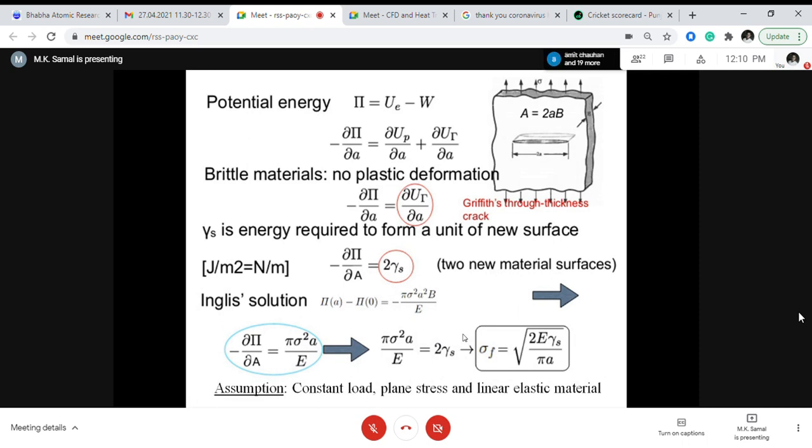Once plastic deformation occurs, you cannot apply LEFM, but there is a catch here. If the size of the plastic deformation zone near the crack tip is very, very small, approximately 2% of the other dimension, let us say 2% of the thickness or of the crack size, approximately 1/50 or 2%.